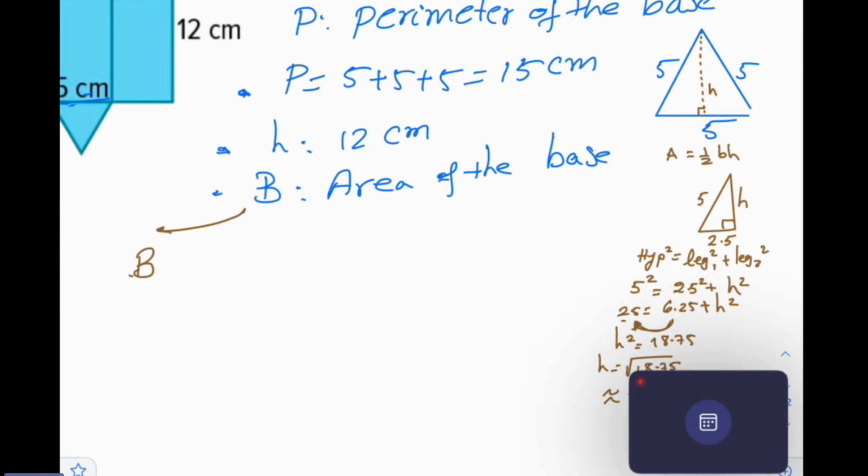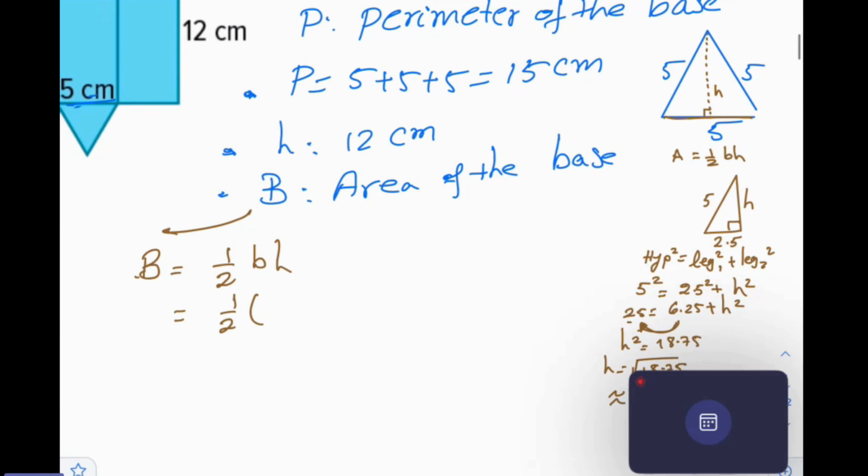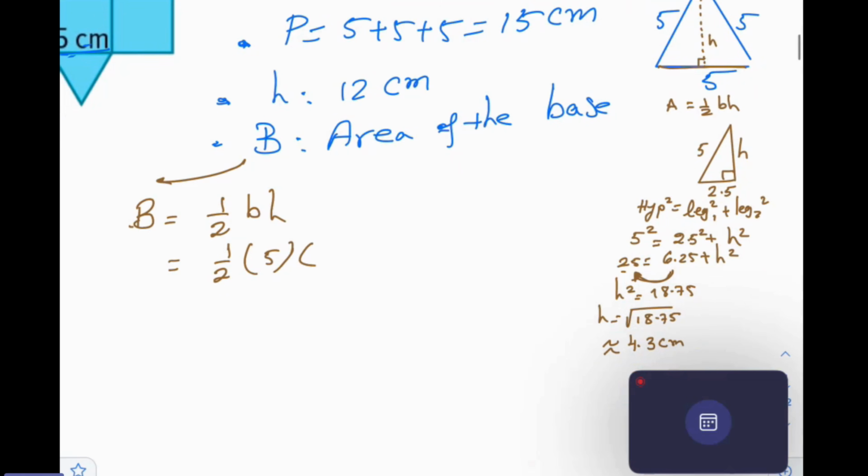So our B, capital B, which is the area of the triangle, is equal to half times the base of the triangle, which is 5, times the height that we just found, which is 4.3. And this is approximately 10.75 centimeters squared.